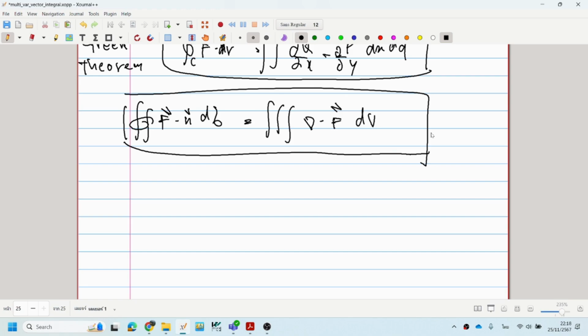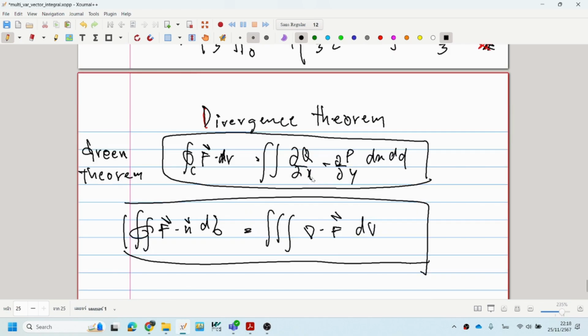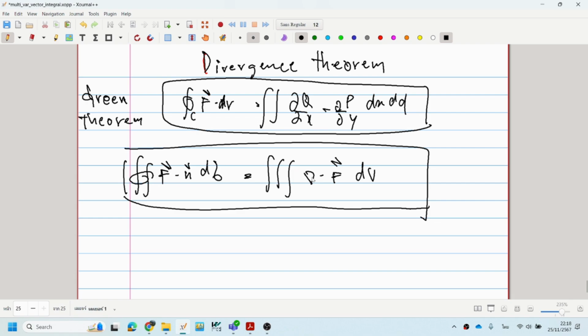That means the closed curve and the closed surface are the same thing. A closed surface is a number of surfaces put together to become a volume. I'm just reviewing the idea a little bit and not diving deeper into the detail. I just review what the divergence theorem is.